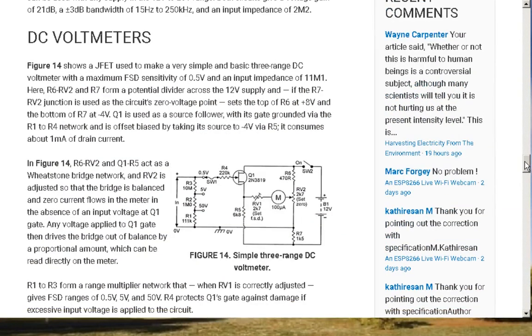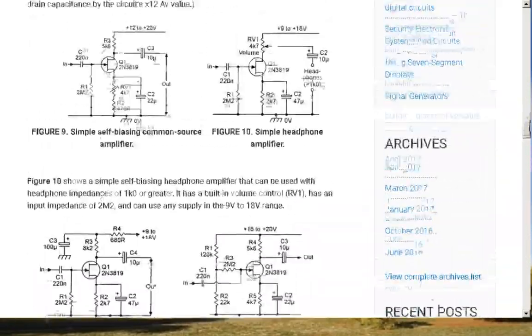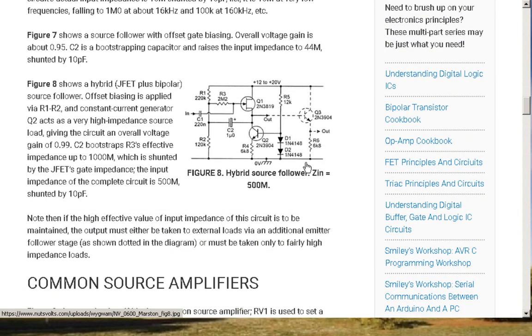Wait, figure 12, figure 13. And this one, the hybrid, this one, 8. I don't know what the 31904 does.